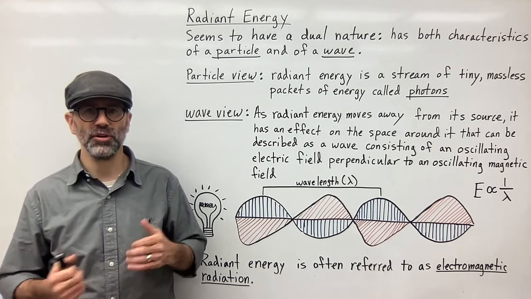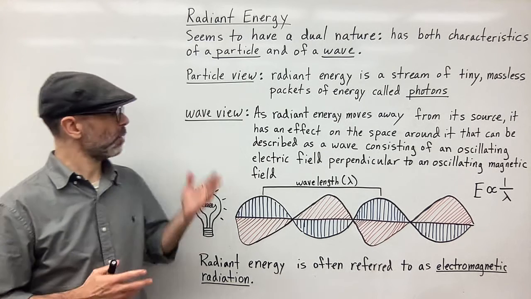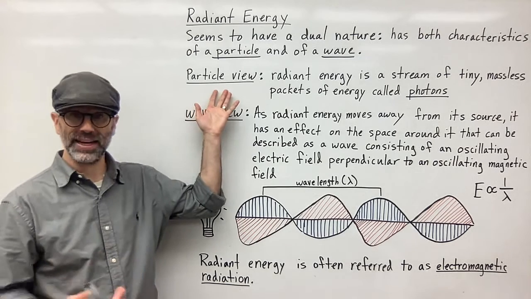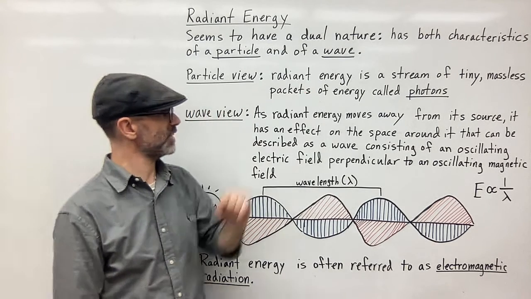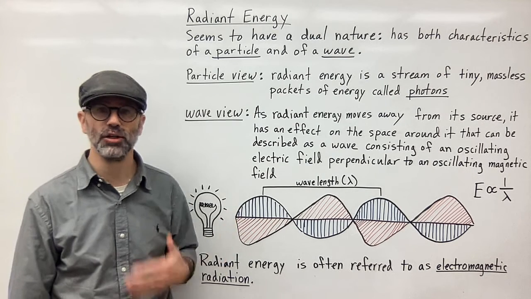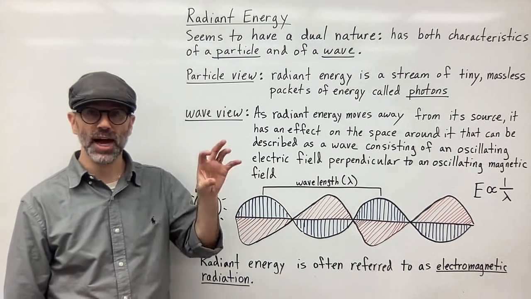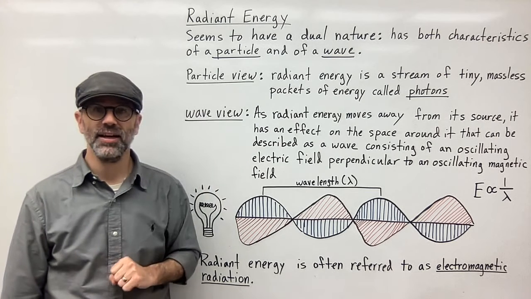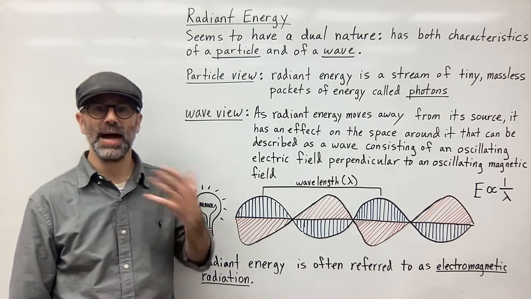So, in some respects, we take the particle view, right? The particle view of light or radiant energy would be that radiant energy is a stream of tiny massless packets of energy called photons. So the photon is a particle or a packet of energy that is tiny and massless.